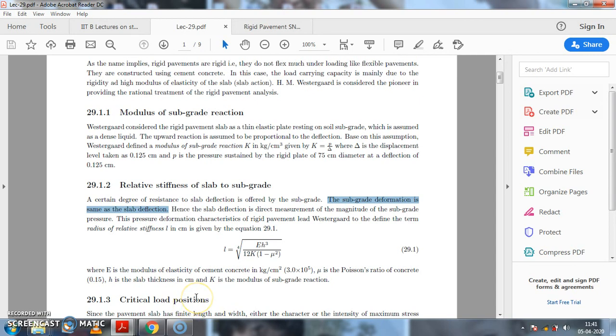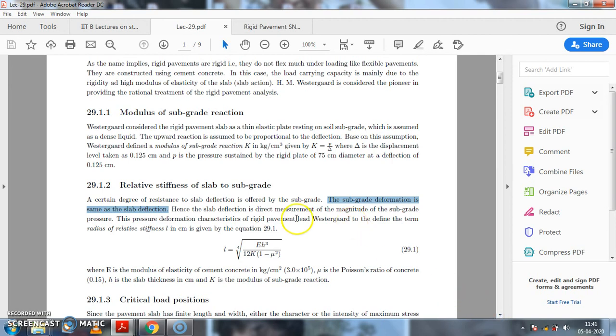Okay, and K is the modulus of subgrade reaction. So what we have studied till now: the plan of rigid pavement, next the modulus of subgrade reaction, and relative stiffness of slab to subgrade.